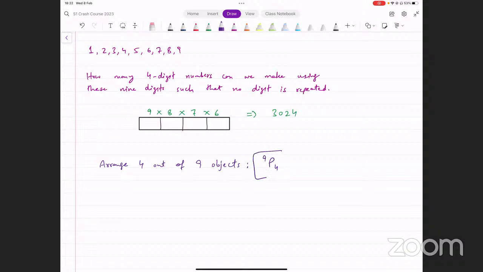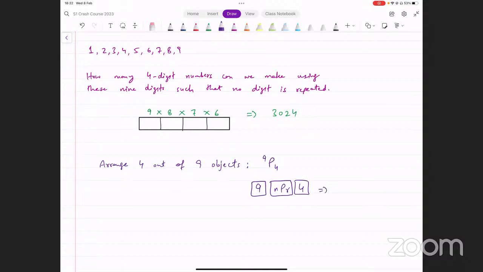And that's what this number is going to give you, 9P4. How are you going to evaluate this on your calculator? You're just going to input 9 on your calculator, then press that button, nPr, and then press the button 4.